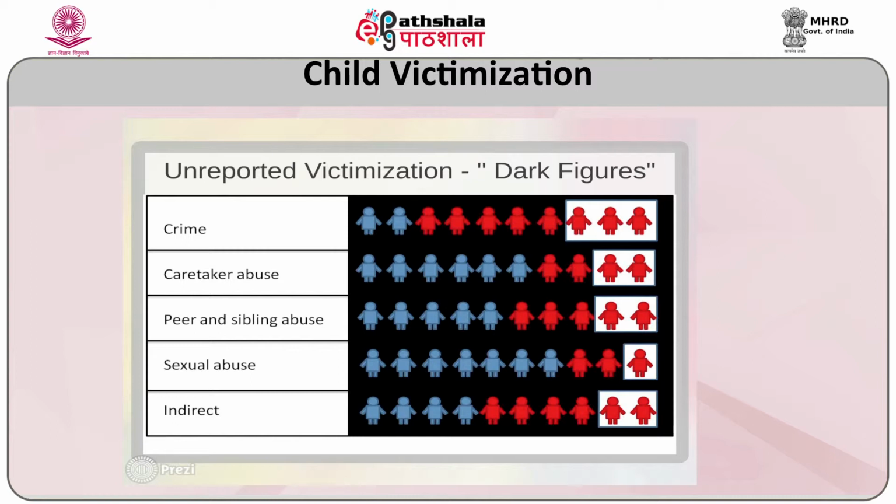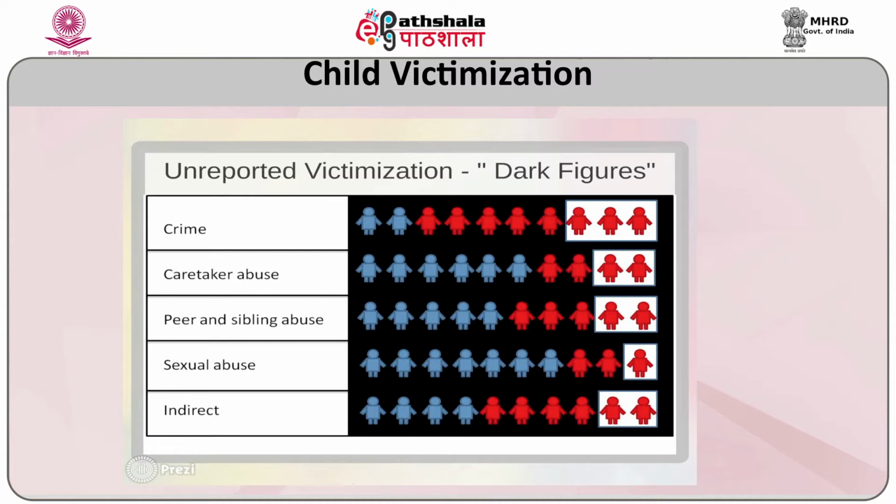One was crime, one was caretaker abuse, one was peer and sibling abuse, one was sexual abuse, and last was the indirect victimization. The indirect victimization covered the violence that they saw. They were not victimized directly, but they experienced this victimization. So this was indirect victimization.